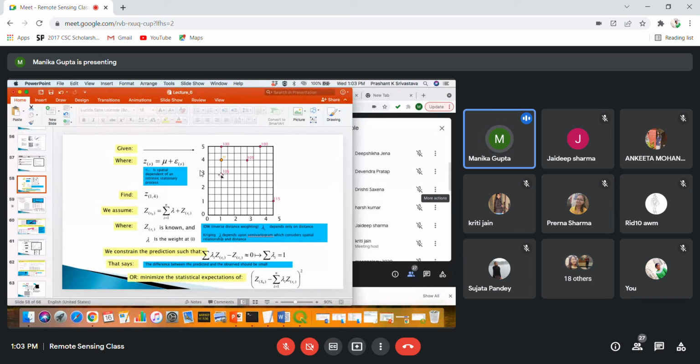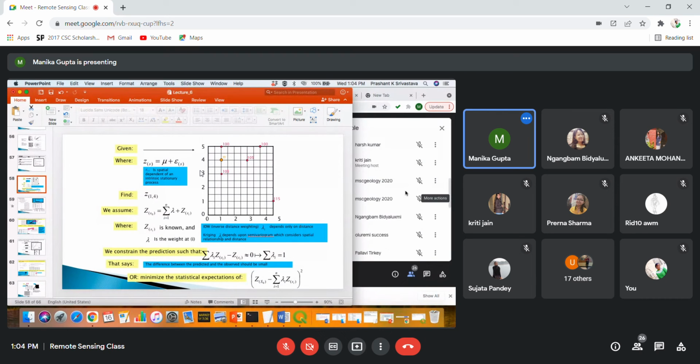What is the Euclidean distance here? फॉर्मूला बताओ जयदीप। कहाँ गया ये?